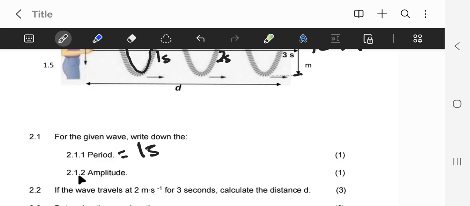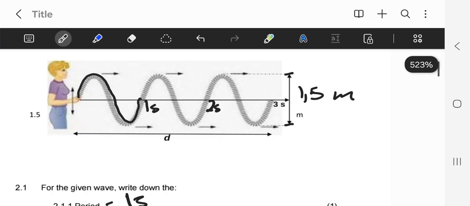And then we look at amplitude. They say for the given wave, we have to write down the amplitude of this wave. What is amplitude? By definition, amplitude is the maximum displacement of particles from their rest position. And if I'm looking at where my particles are in terms of the rest position, this horizontal line, guys, is going to be my rest position.